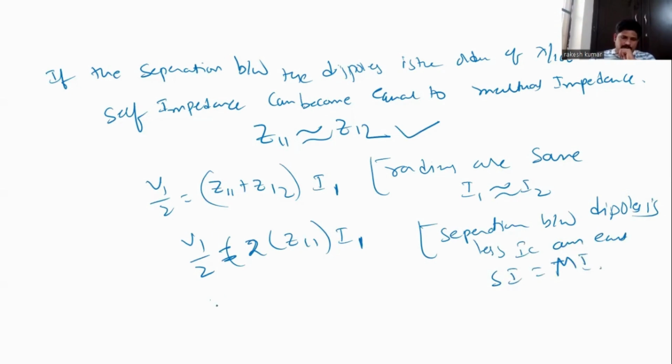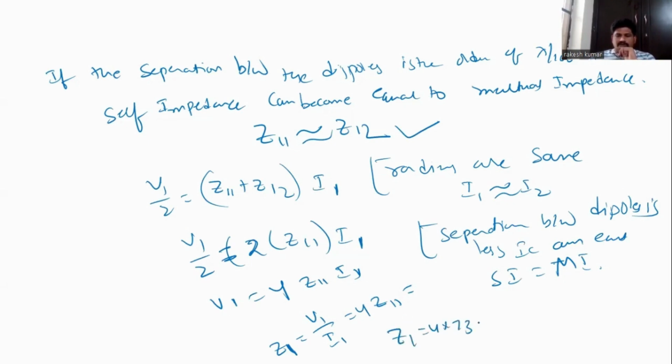Therefore V1 is equal to 4 Z11 I1. So V1 by I1 is nothing but the impedance, that is equal to 4 Z11. If the impedance of a dipole is 73, then Z1 is equal to 4 into 73, which is 292.